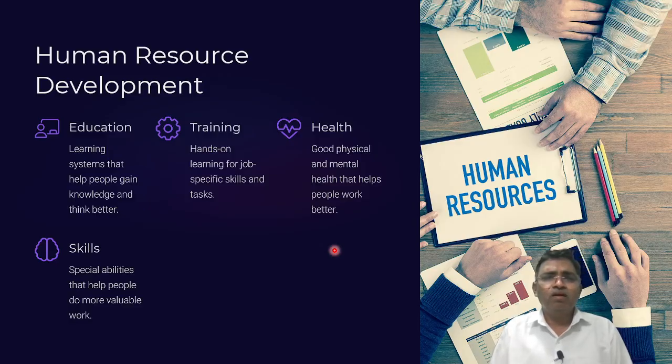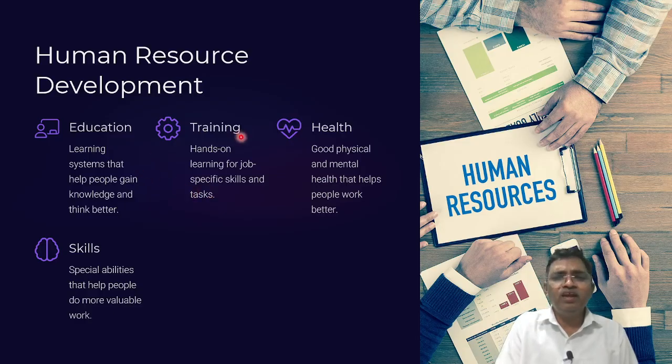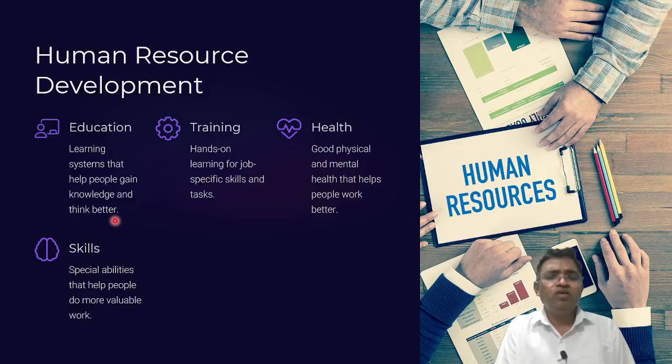Then human resource development. How can human resources be developed with education? Education, training, health, skill: these are human resource development. Education and learning systems help people gain knowledge and think better. If you know the system properly, you are able to learn new skills, new things.